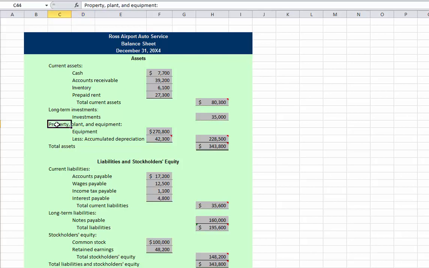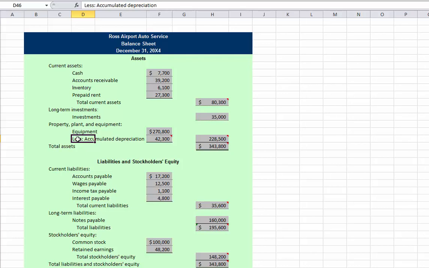Please note that as the equipment is being used over the years, we must allocate the cost of the asset being used up. The process is called depreciation. And the used up portion of depreciation is shown up in the income statement.